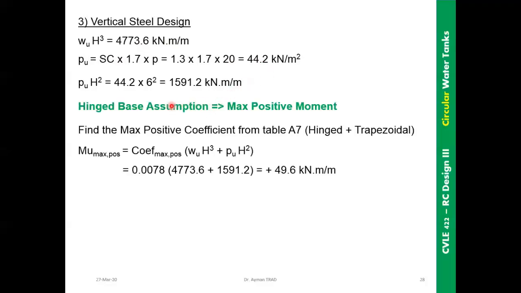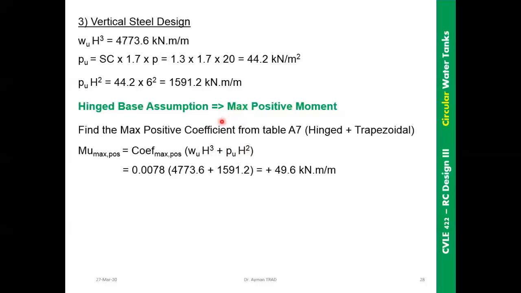Now, starting with the hinged base assumption, we will determine the maximum positive moment. The moment will be coefficient times W ultimate H cube plus coefficient times P ultimate H square.